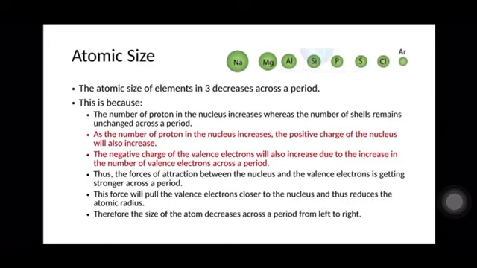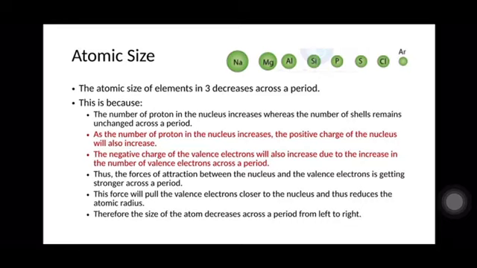Dan kamu sudah tahu, number of proton dalam suatu atom dia akan sama dengan number of electrons. It means apabila positive charge dalam nukleus increase, negative charge valence electrons juga akan increase, disebabkan increase in number of valence electron across the period.